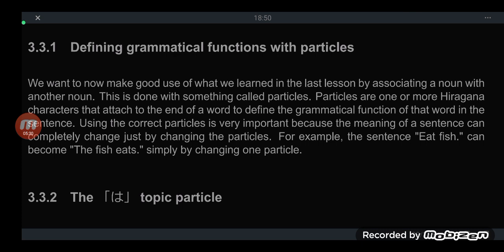Wa is a very important particle, and I may call it a subject particle. Other books call it a subject particle, but for me, in my experience, it's not just a subject particle, but a descriptive sentence description particle.